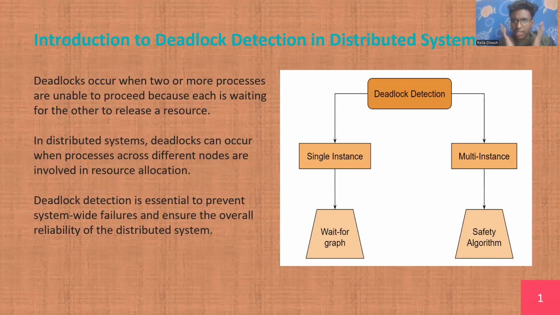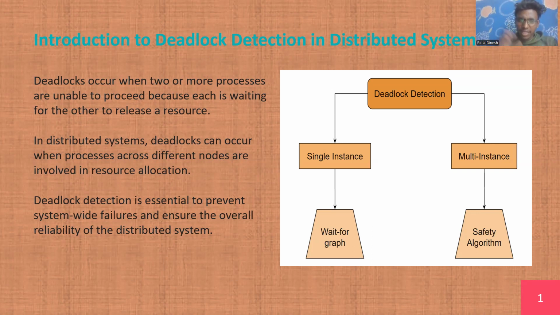What is a distributed system? The name itself indicates it: resources are distributed across many systems. This is one type of software operating system.